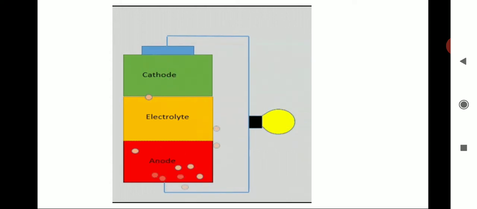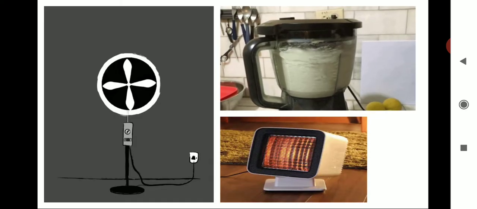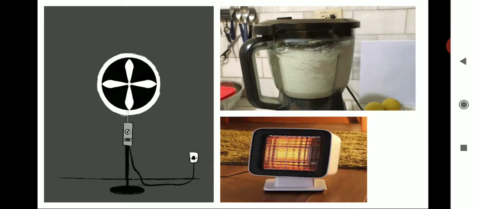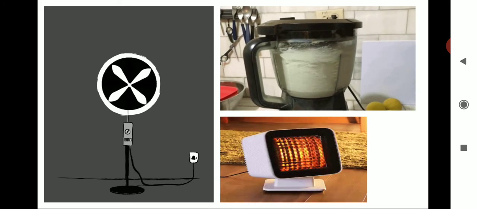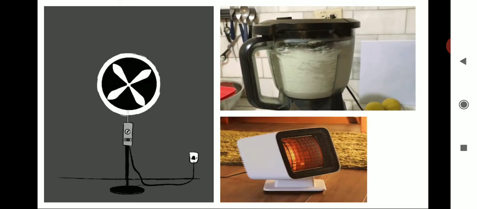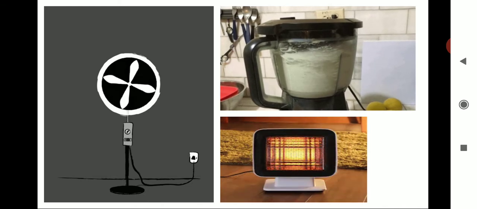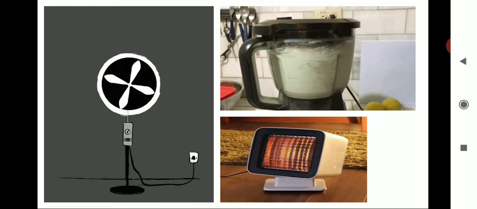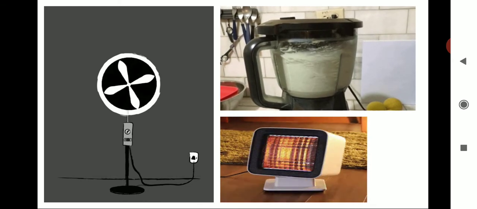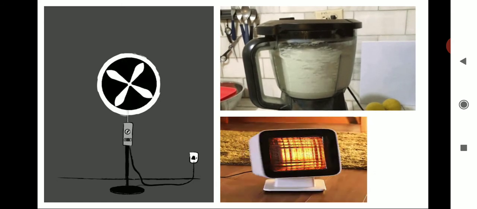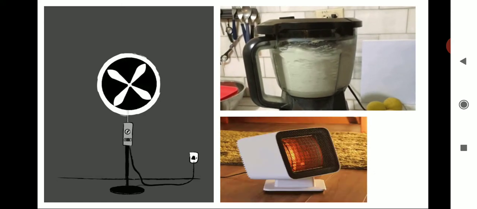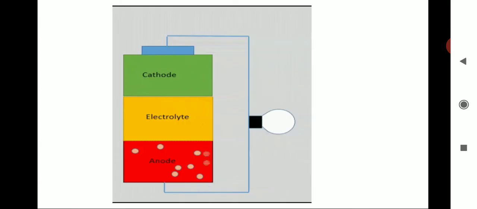Similarly, to do work, like these electrical devices work, right? These devices work mainly due to the energy that is supplied by the battery. Okay, like we get energy through food, right? Similarly, these electrical devices get energy through the battery.